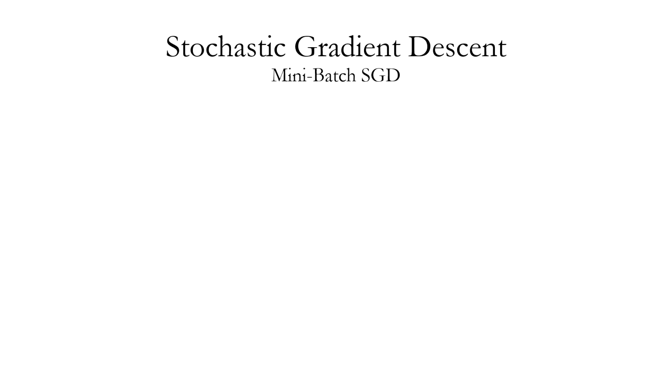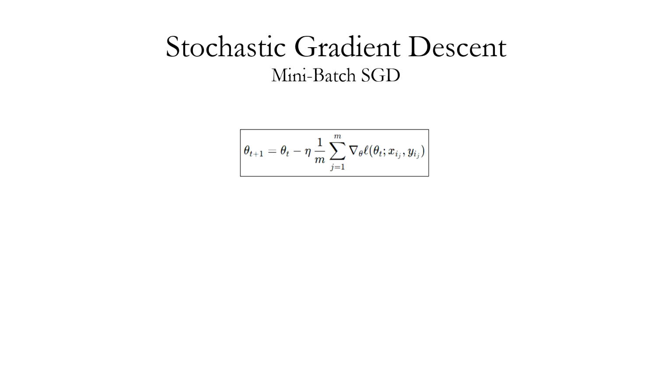So here's the mini batch SGD. We've got that equation, theta t plus 1 is equal to theta t minus eta, 1 over m summation, j equals 1 to m, and then the gradient of the loss. Now, if you remember from previous slides, we had a large n before.